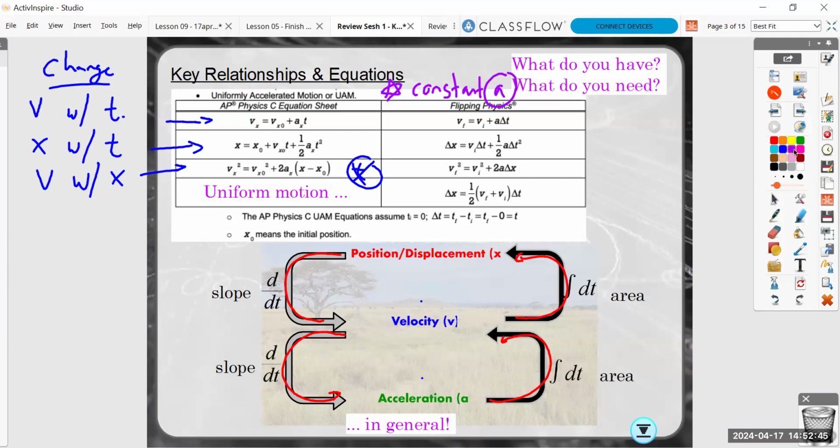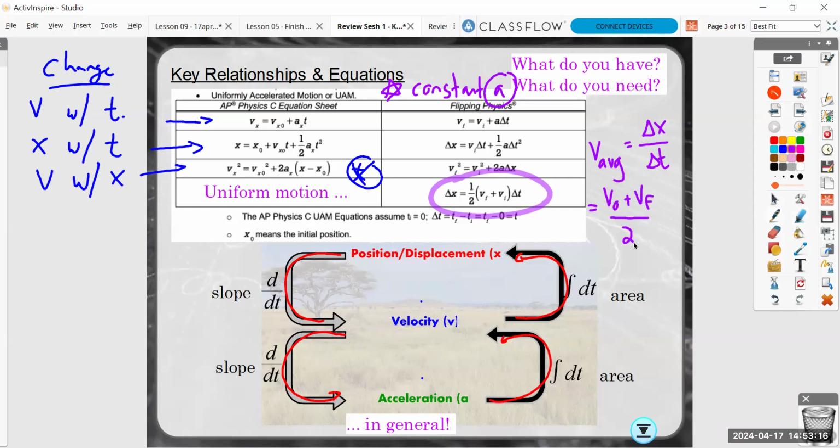I do want to note, there's a secret fourth kinematics equation, which can be rendered like this. We talked about it a little bit differently at the start of the class. We noted that, in general, average velocity is total displacement over total time. In the case of constant acceleration, average velocity is also the average of the initial and final velocities.